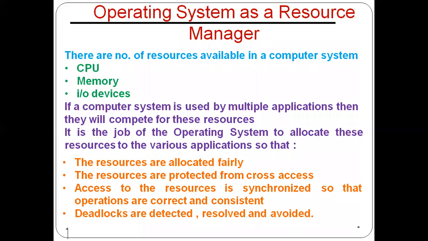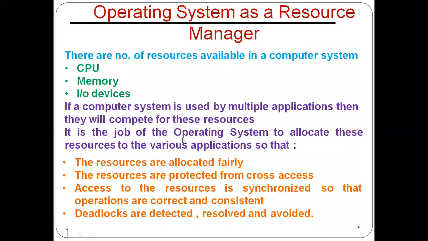And here, the operating system as a resource manager: how does it work? There are a number of resources available in a computer system: CPU, memory, and input output devices. If a computer system is used by multiple applications, they will compete for these resources.